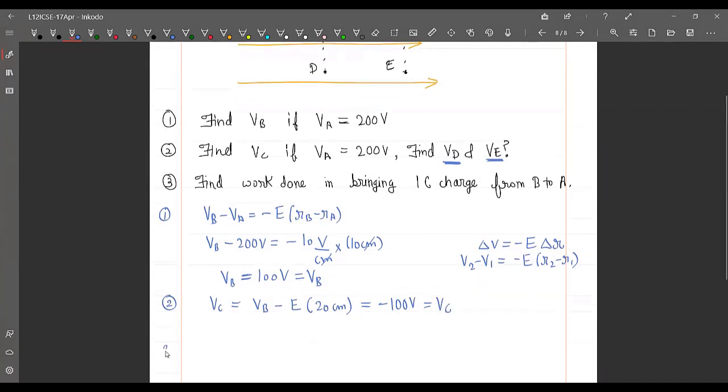Then third question is work done in bringing a 1 coulomb charge from B to A. So work done is Q into VA minus VB. Final point is A, initial point is B. So final minus initial, always remember that. Calculate this value and tell me.